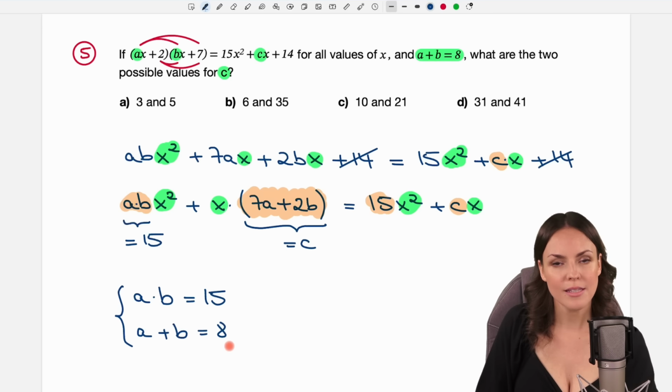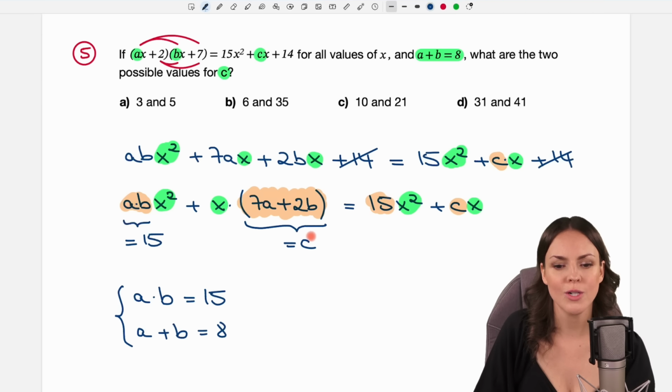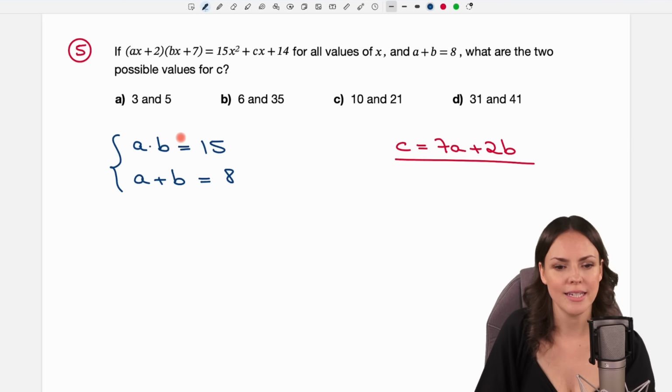So we have a system of equations, two variables. We can solve this for a and b, and then in the end, find our values for c. So let's take the system of equations here. We keep in mind how to find c then, but first of all, we have to find a and b.